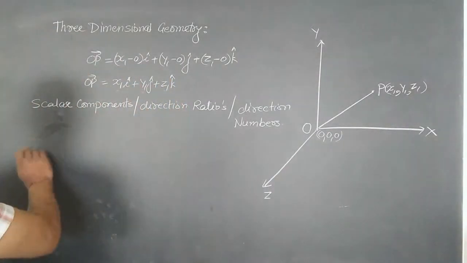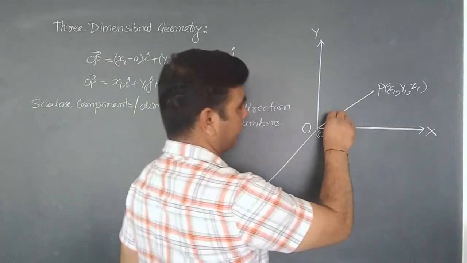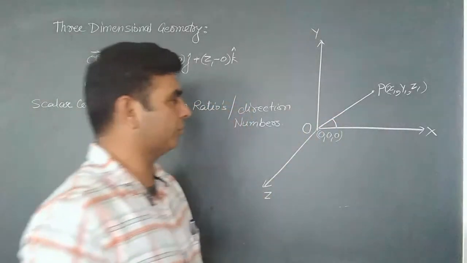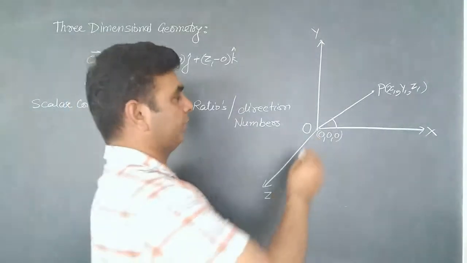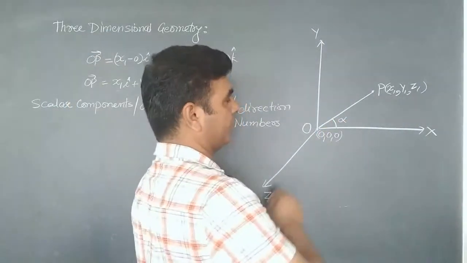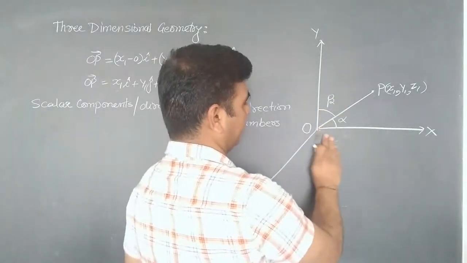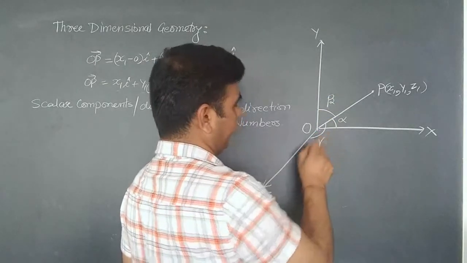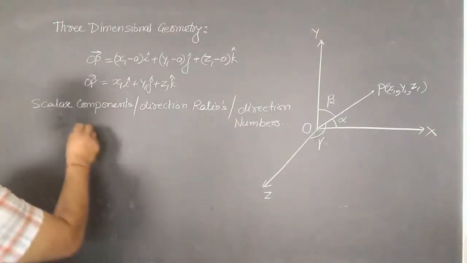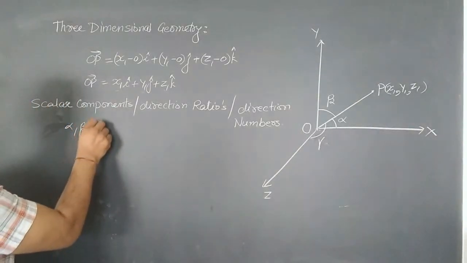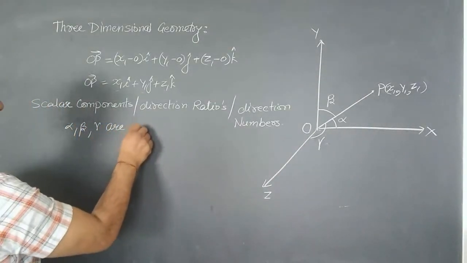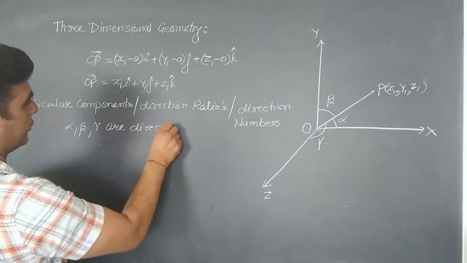Now, if this vector OP is making an angle alpha with the x-axis, an angle beta with the y-axis, and gamma with the z-axis, then alpha, beta and gamma are known as direction angles.